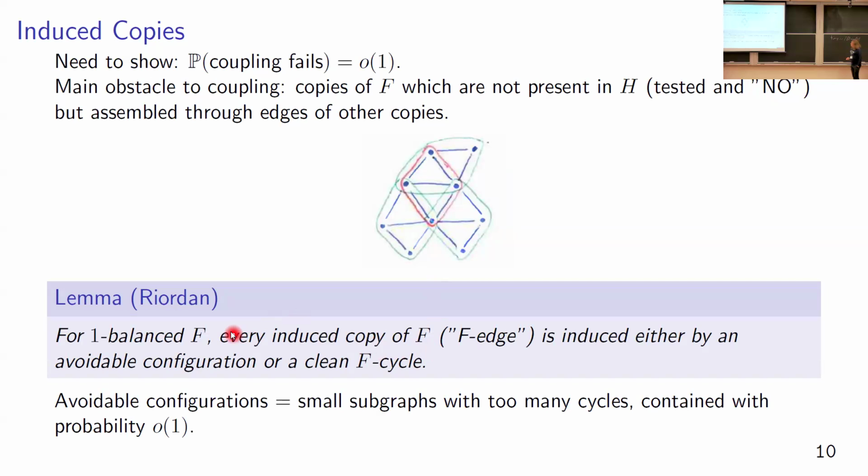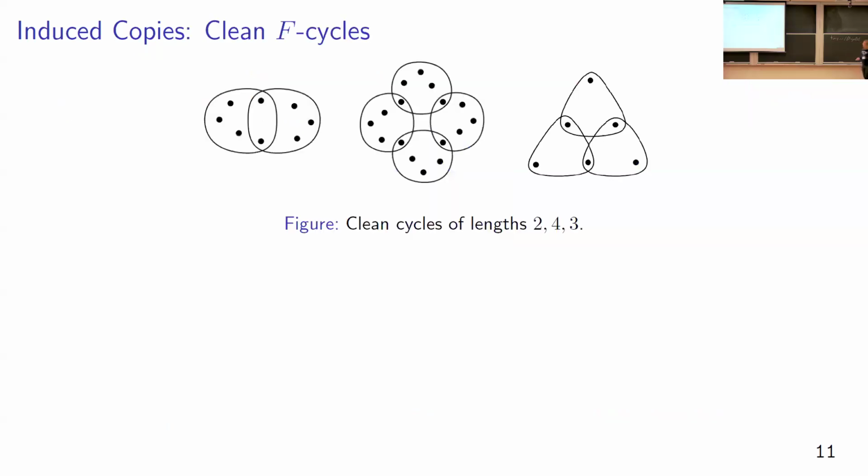So when Riordan developed this coupling, he proved the following lemma. If F is 1-balanced, then every such induced copy of F, like above here, either comes from an avoidable configuration or from a clean F cycle. Avoidable configurations basically just means I have a small subgraph, bounded in size, with too many cycles in it. And then I can exclude it simply by a first moment argument.